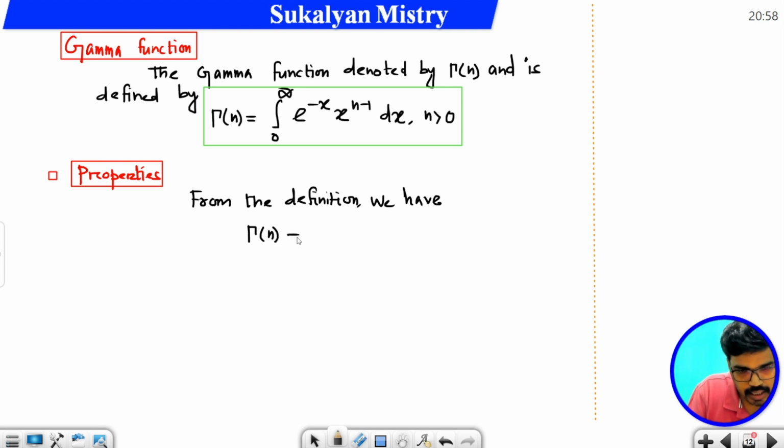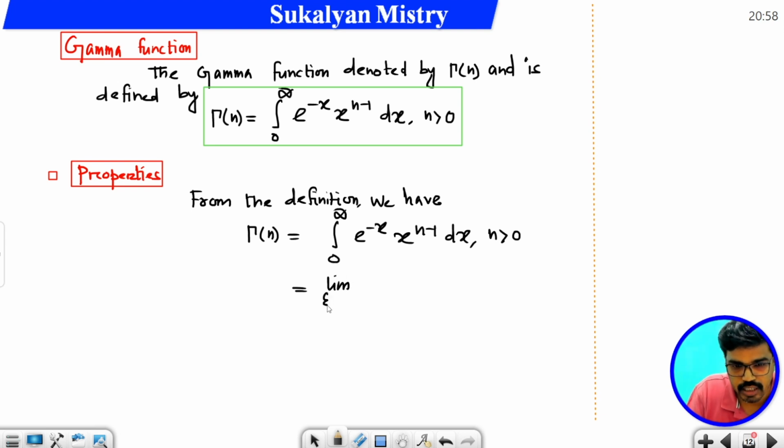Gamma n is equal to integration 0 to infinity e to the power minus x, x to the power n minus 1 dx, n greater than 0. This can also be written as a limit: epsilon tending to 0, and x tending to infinity, so 0 to infinity becomes epsilon to x.